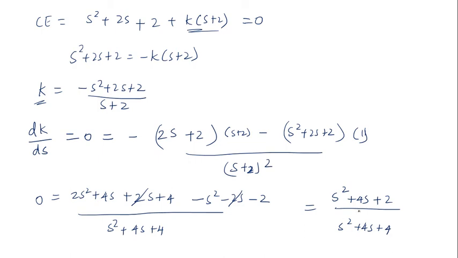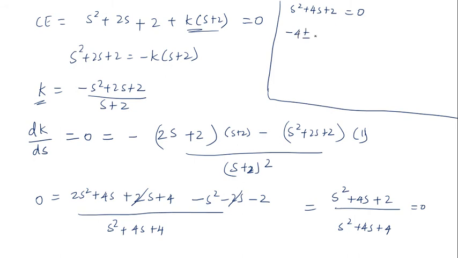Since this equals 0, I equate the numerator to 0: s square plus 4s plus 2 equals 0. From this we can find s: minus b plus or minus root of (b square minus 4ac), which is 16 minus 8, divided by 2, so minus 2 plus or minus root 2.